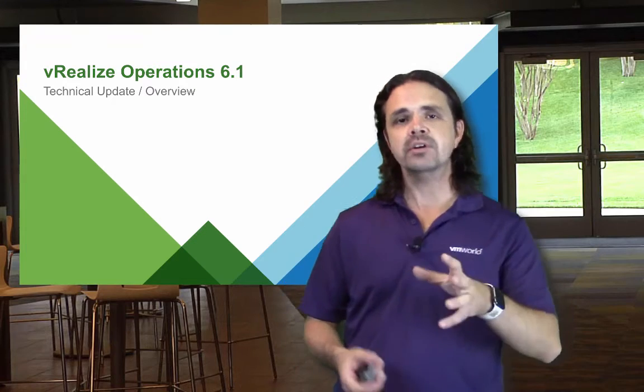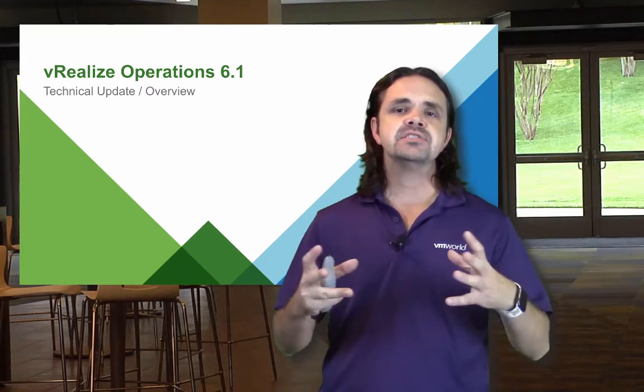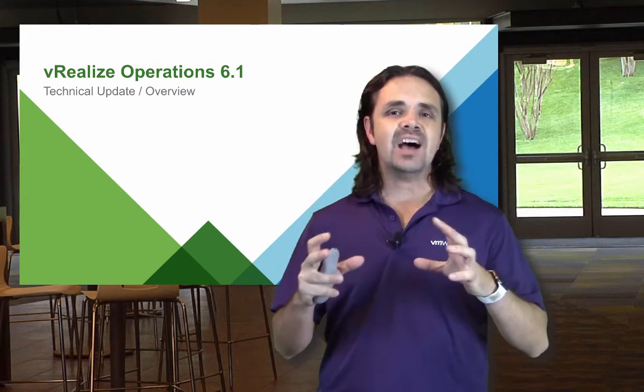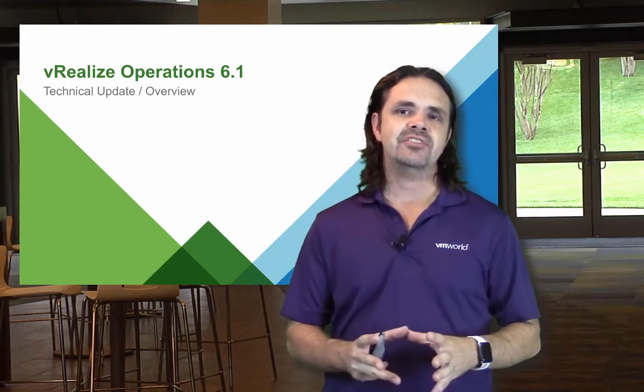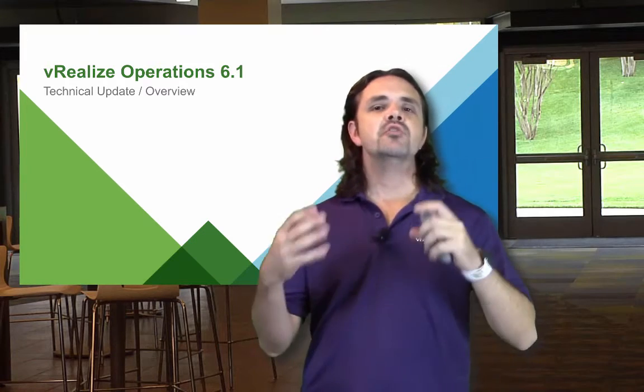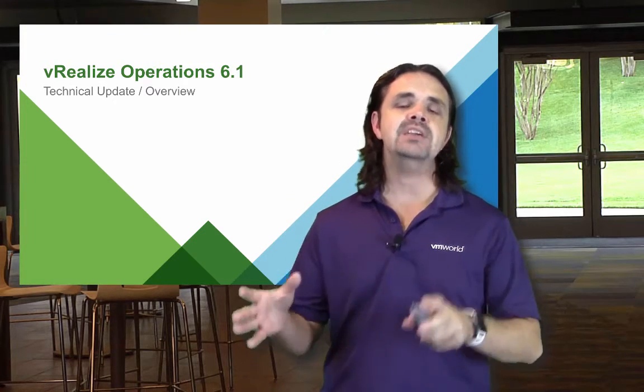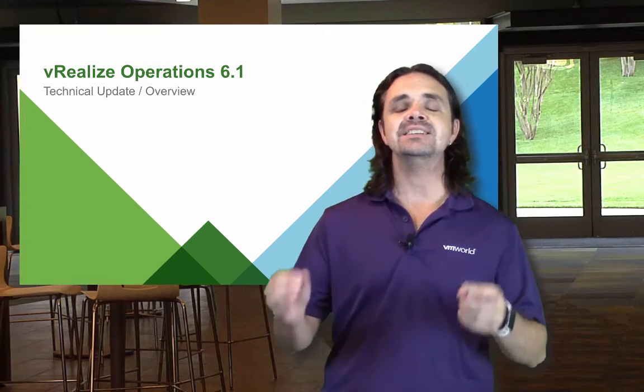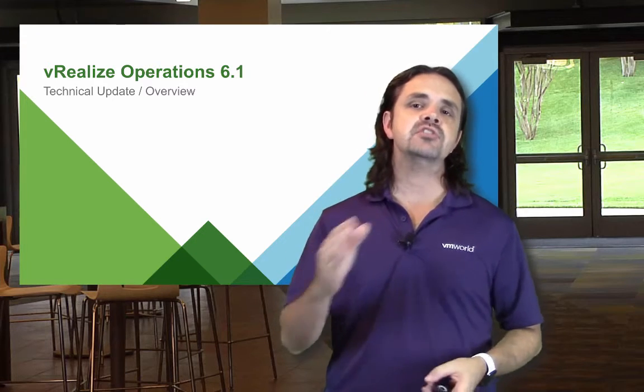Now, it's important to remember, we announced 6.1 at VMworld 2015. 6.1 is a dot release. So what does this mean? For those of you who are unfamiliar with the concept of major, minor, or dot-part development, effectively, a dot release means feature or fix.